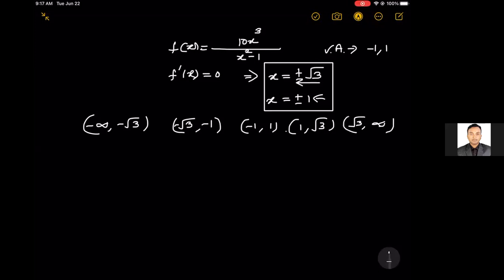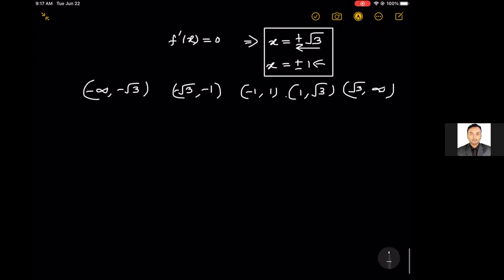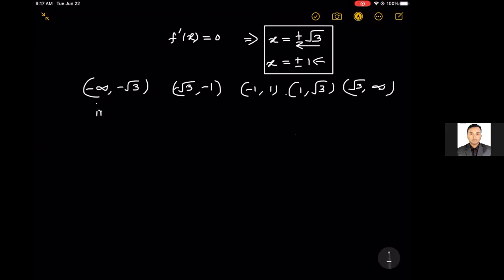Okay, and if you remember, it was increasing for these two intervals, and decreasing for all three of these, right?